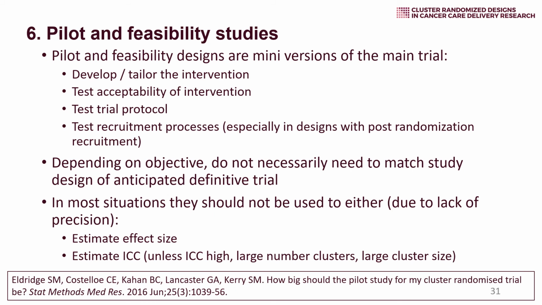In most situations, pilot and feasibility trials should not be used to estimate either the effect size or the intra-cluster correlation, except perhaps in some rare circumstances where the ICC might be very high, or there is either a very large number of clusters or a very large cluster size. This is because estimates of both of these things from pilot and feasibility studies tend to be so imprecisely estimated that they end up being uninformative.